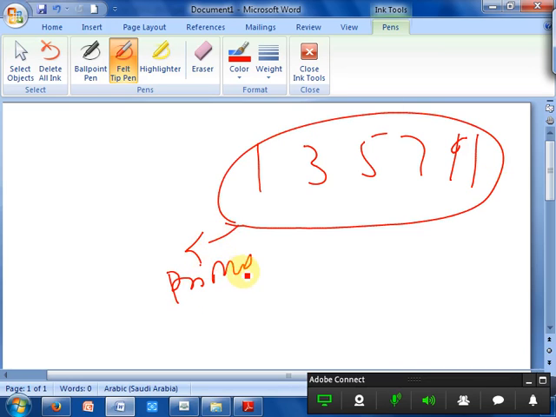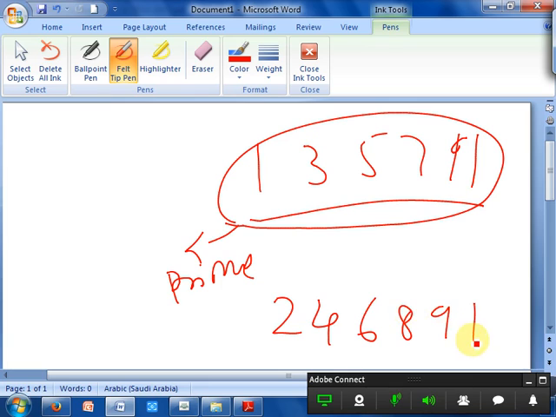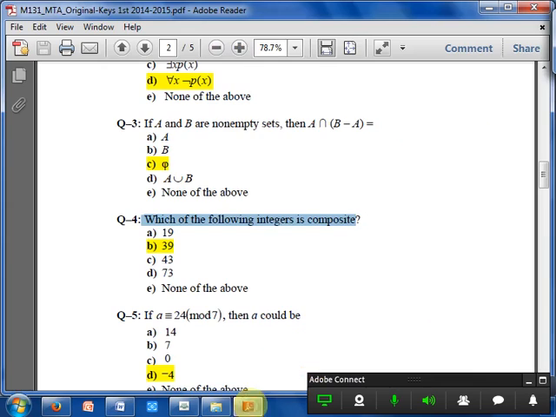These are called prime numbers. For numbers other than this, like 4, 6, 8, 9, 10, these are called composite numbers, which can be divided by 1 or by any other number. 2 divided by 2 and 2 divided by 1, yes, it is also a prime.